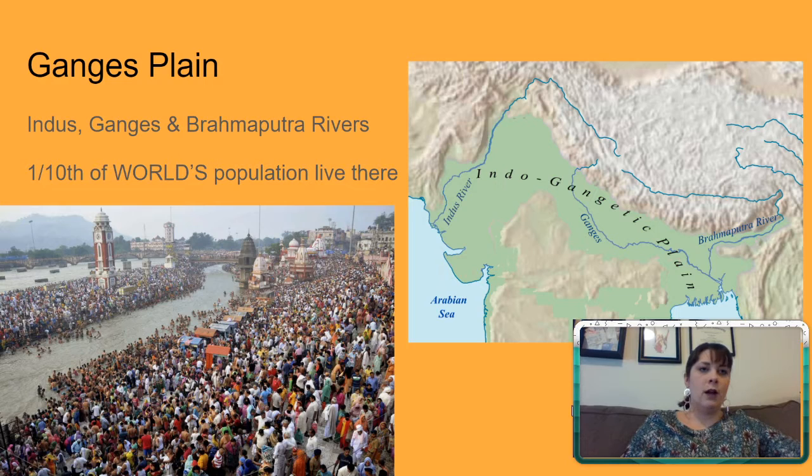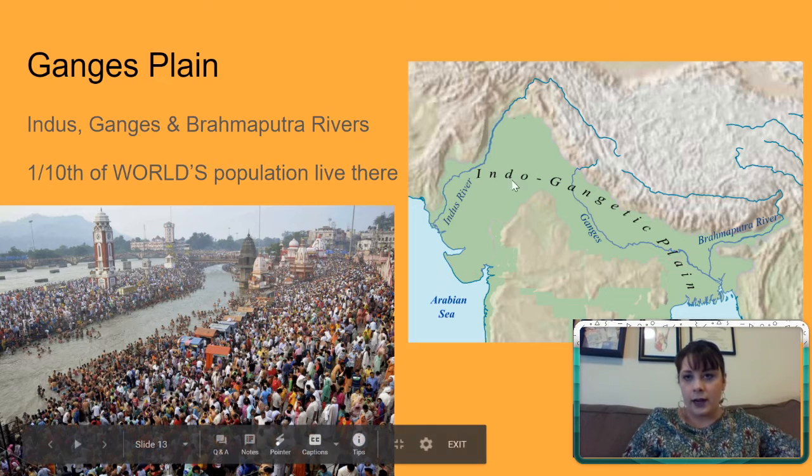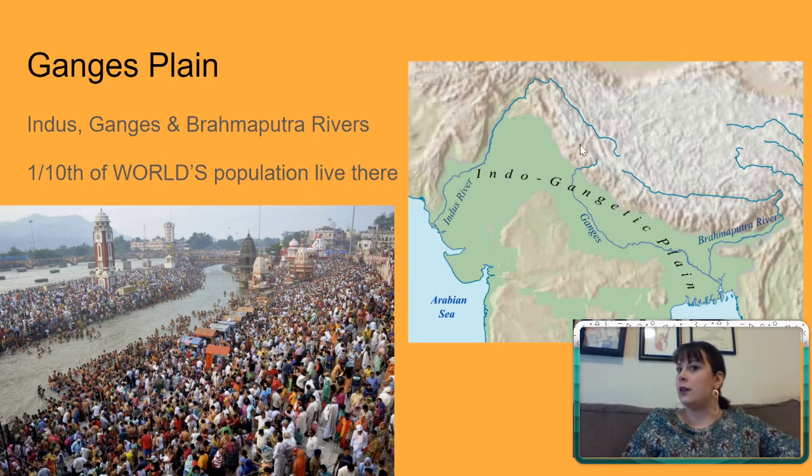The Ganges Plain, we see lots of rivers in this area. What's kind of crazy about this area is that we have the Himalayas, where you get snow melting and runoff, so lots of rivers start up there and then come off. The Indus River starts up in the Himalayas, the Ganges River starts up in the Himalayas, and I'm going to butcher how to say this, but I'm going to try, the Brahmaputra River.